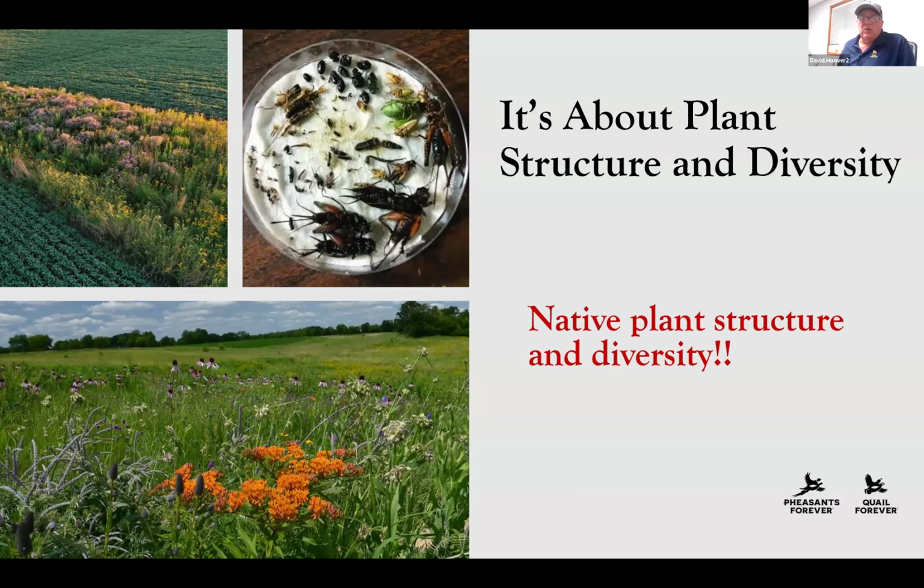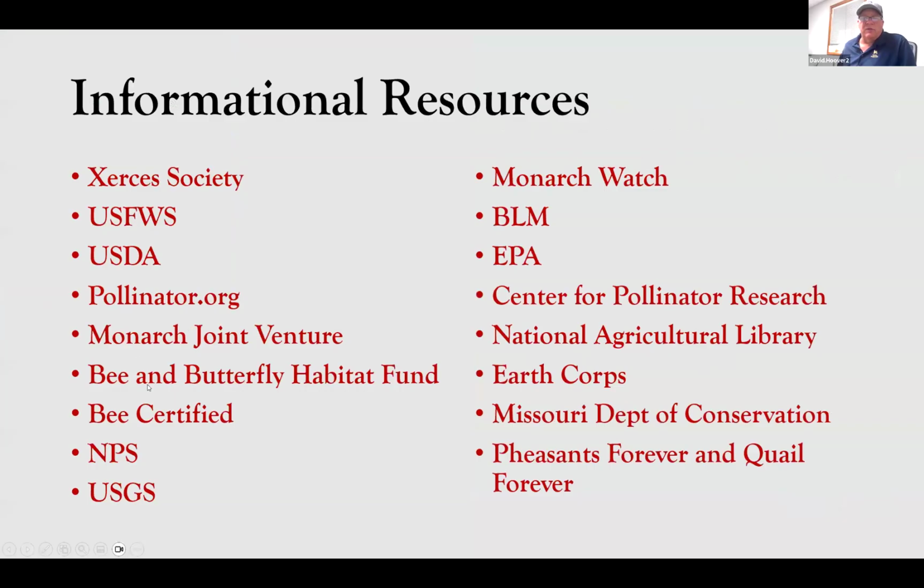So with that, there are some informational resources. You can just get online and Google Pheasants Forever, Quail Forever, Department of Conservation. The Xerces Society has a lot of resources.